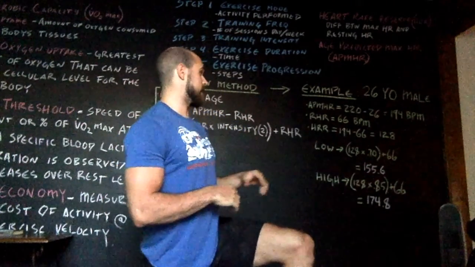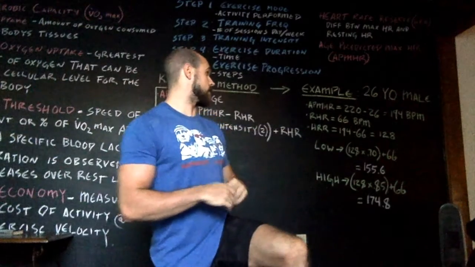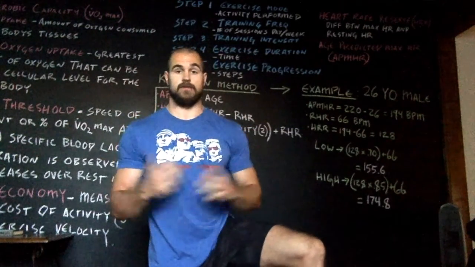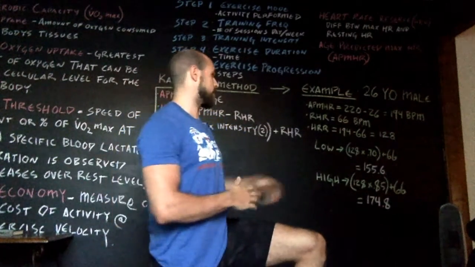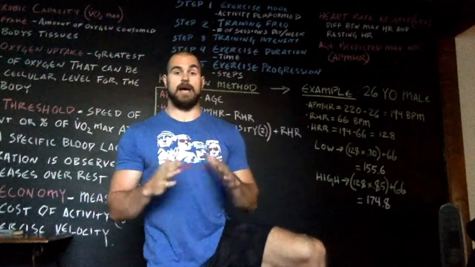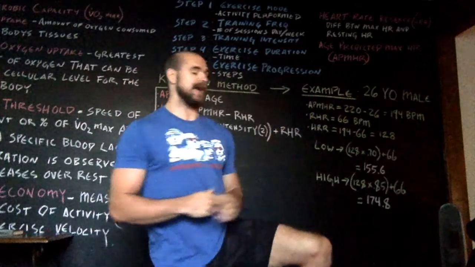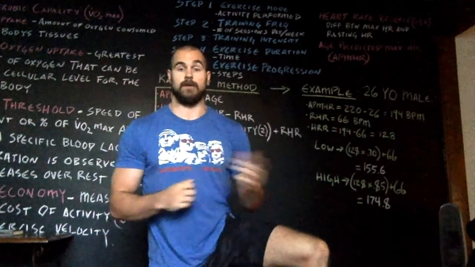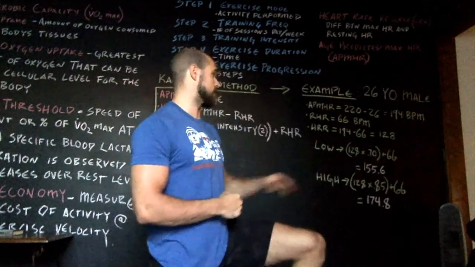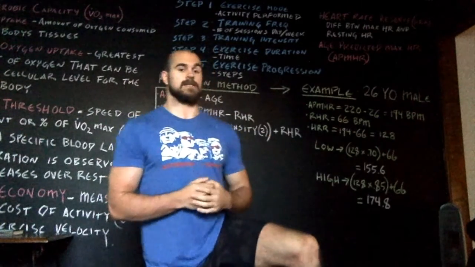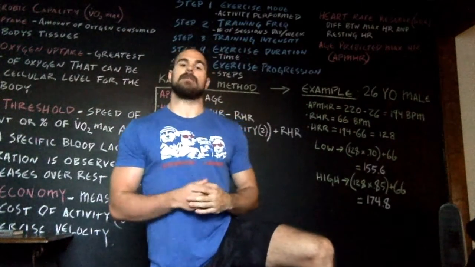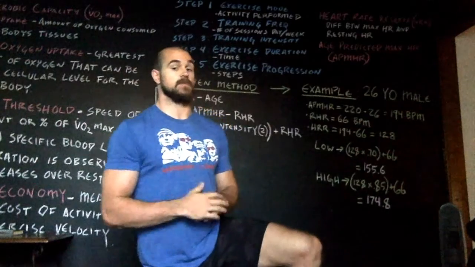So you take your heart rate reserve number, mine was 128, and multiply that by 70%, so 0.70, and then you add back your resting heart rate, which for me was 66. That gives me 155.6 beats per minute, so 156 for easy math is my lower end.